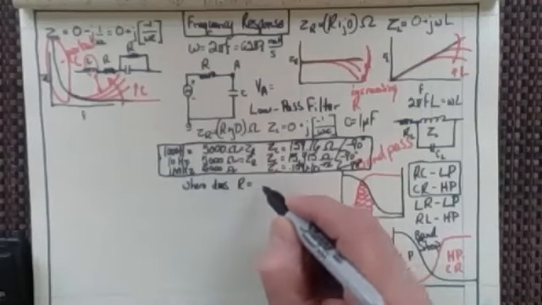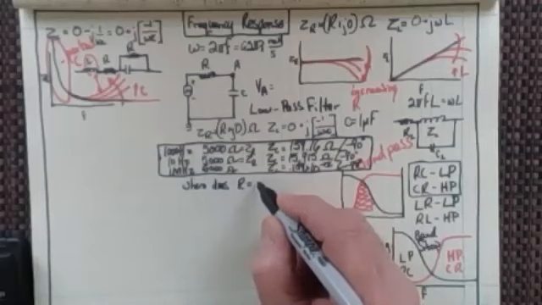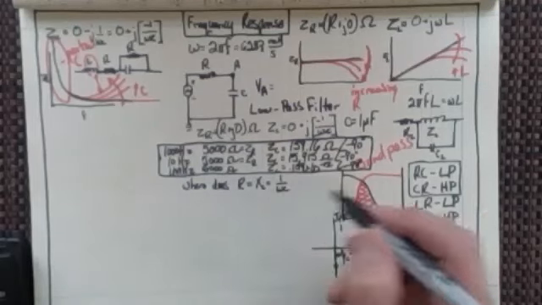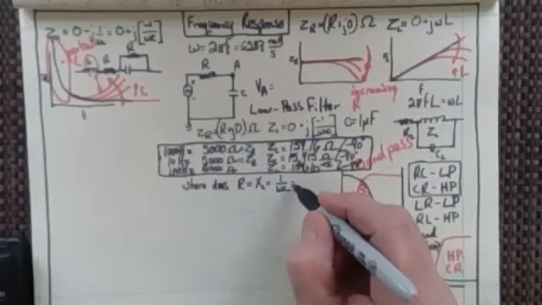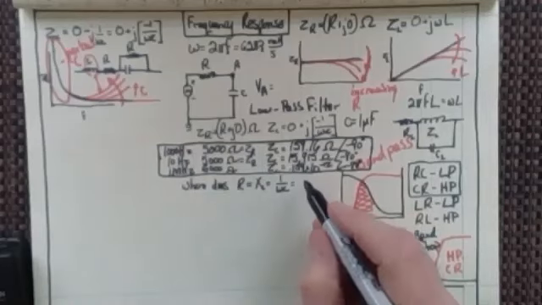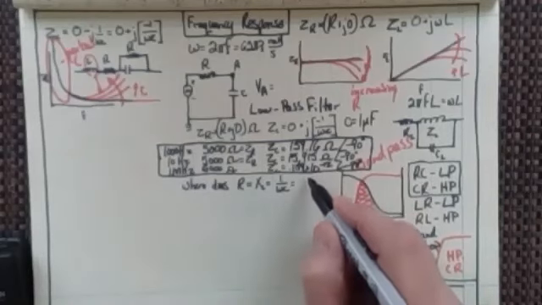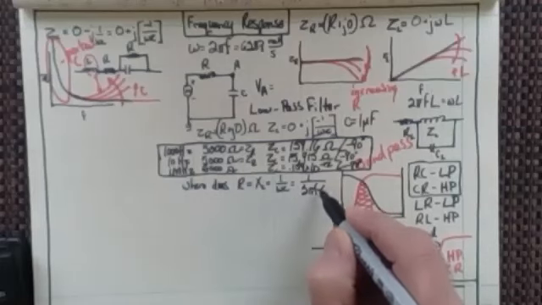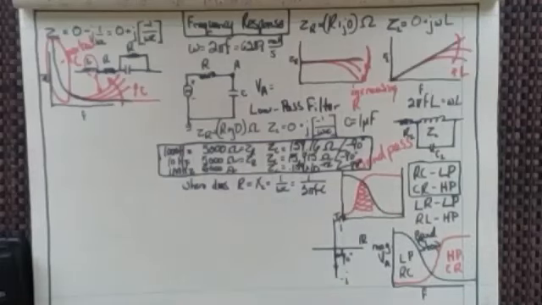R equal X sub C, which is 1 over omega C, and of course that would really be 1 over 2 pi FC, wouldn't it?